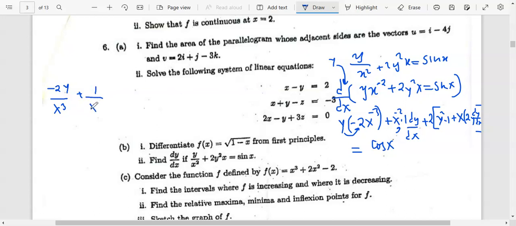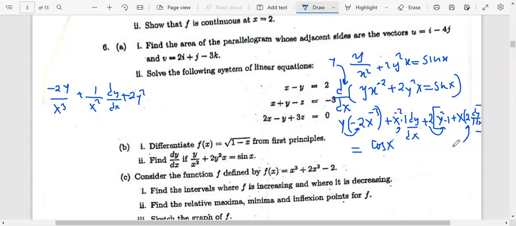So I'm going to write it as 1 over x to the power positive 2, and then I'll write dy over dx here. Okay, and then you have got 2 multiplied by y squared. This is going to be 2y squared. We have got this, what is this, a 2y?